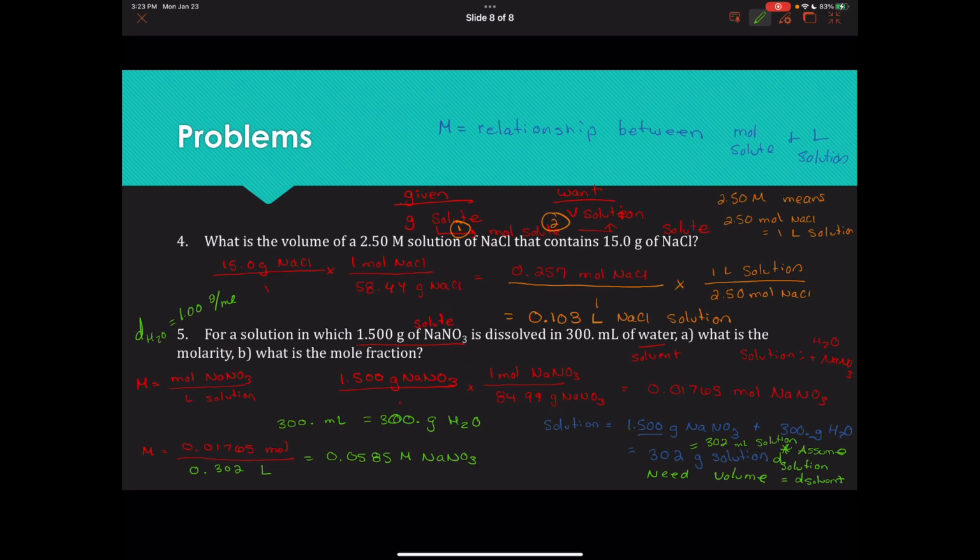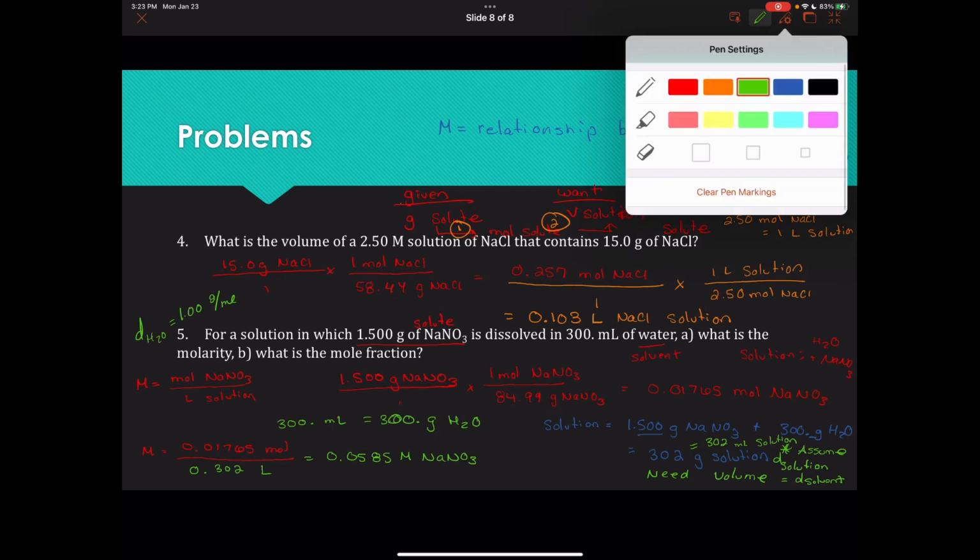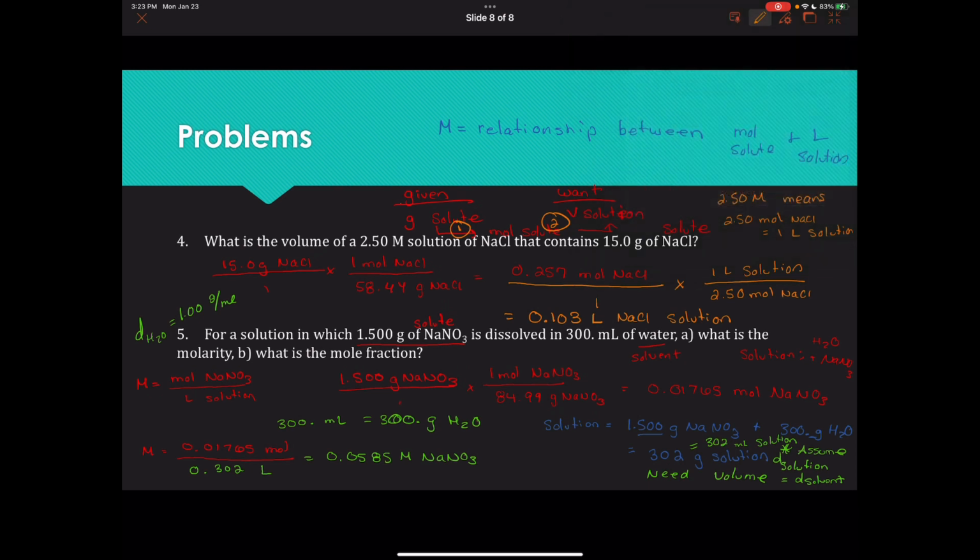Now, the other thing we're asked for is mole fraction. So to calculate that mole fraction, we already have our solute moles. So that's going to be 0.01765 divided by 0.01765 plus we need the moles of our water.